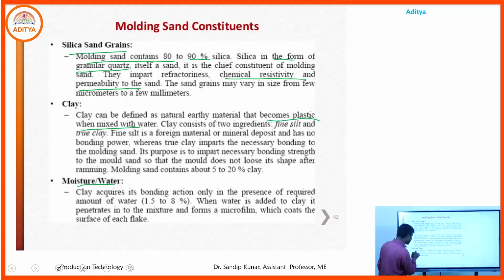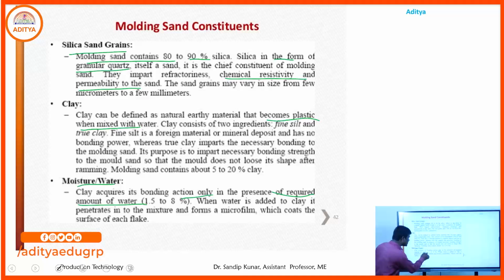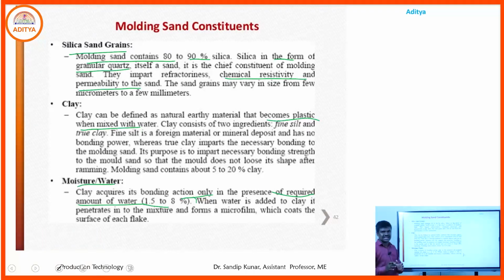Clay acquires its bonding action in the presence of the required amount of water or moisture, about 1.5 to 8%.